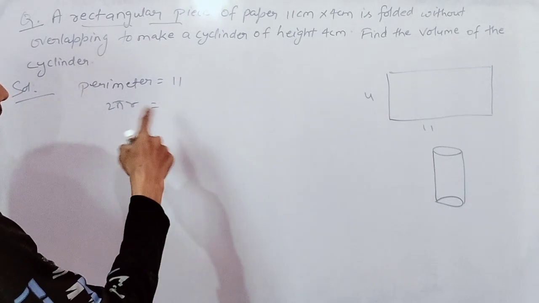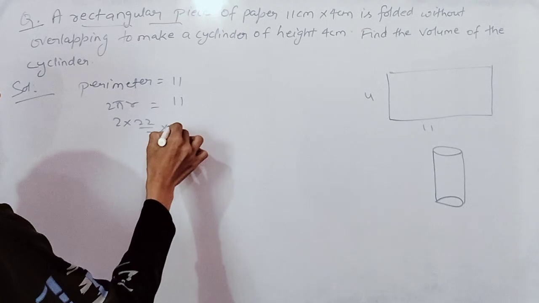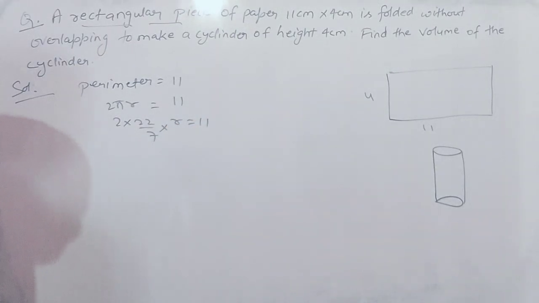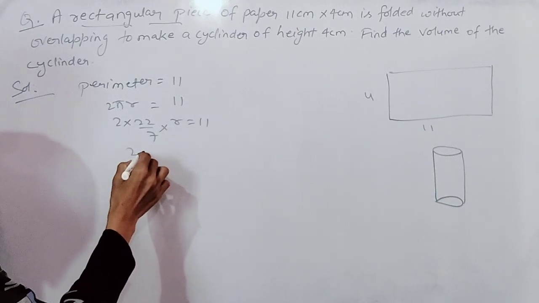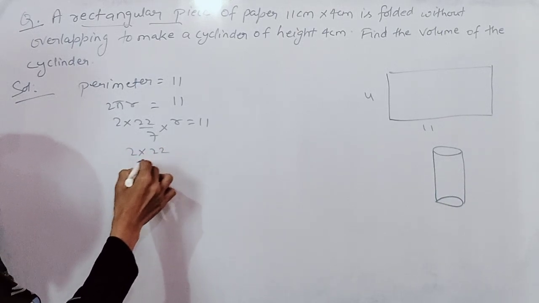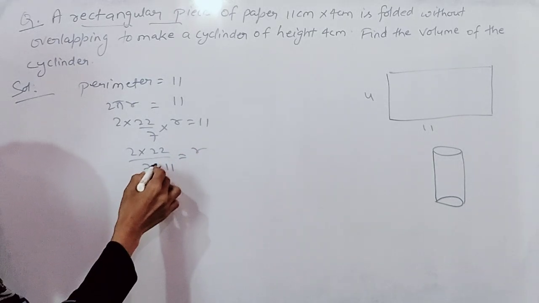From this we will get the radius. 2 multiplied by 22 upon 7 multiplied by r is equal to 11.